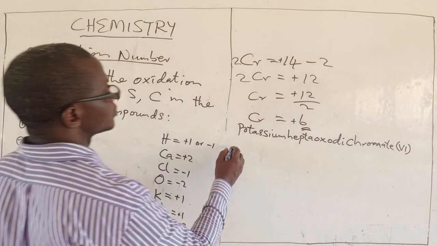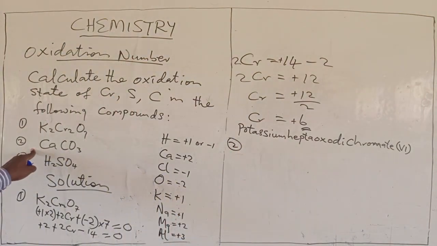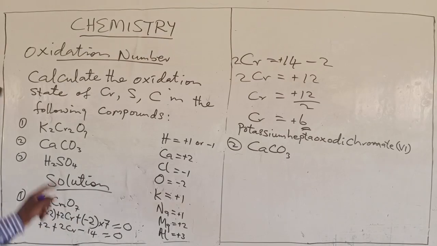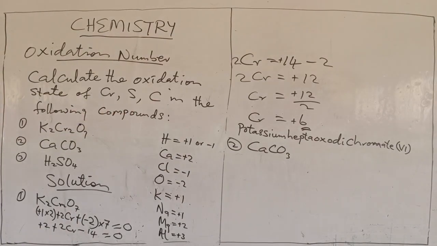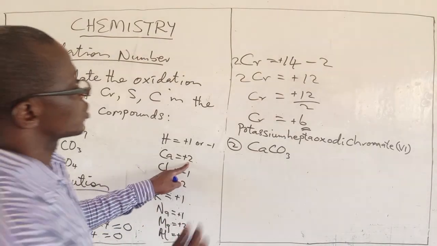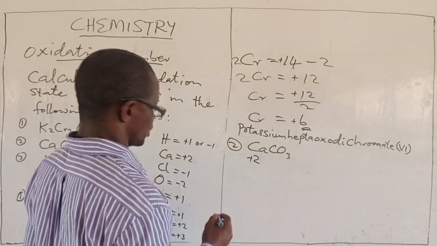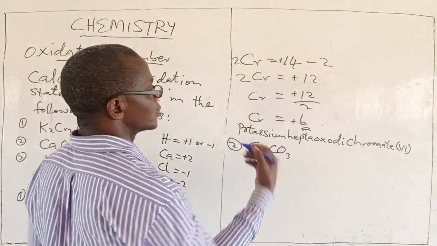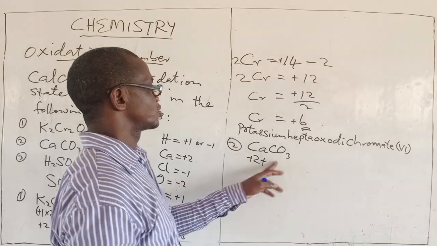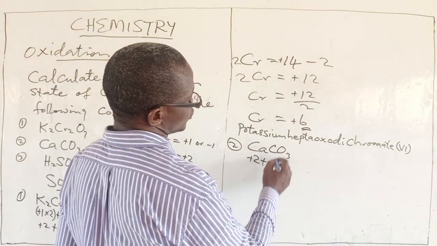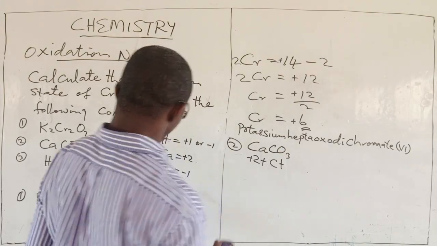Number 2, calcium, they are giving us CaCO3. So they said we should calculate what? Carbon. So I would say Ca here is what? Plus 2. So if you don't note all this, you will be lagging behind. Plus what? Carbon has more than one oxidation number. So we don't know the one that it has here. Now you put carbon plus oxygen, I told you is what?